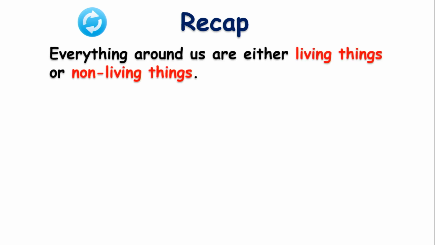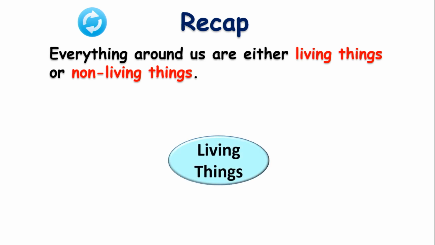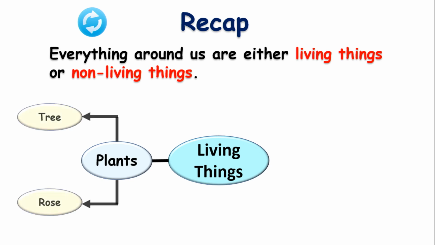Let us do a recap on what we have learned in this lesson. Everything around us are either living things or non-living things. Living things can be classified into 2 categories. The first category is plants. For example, a tree and a rose are plants.